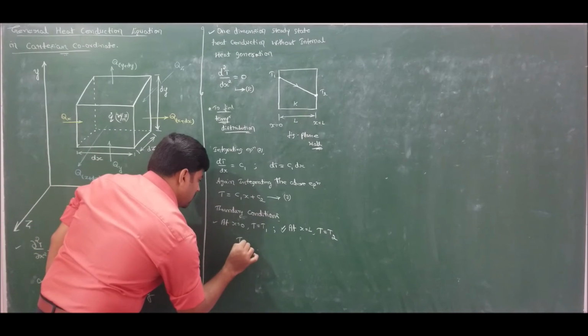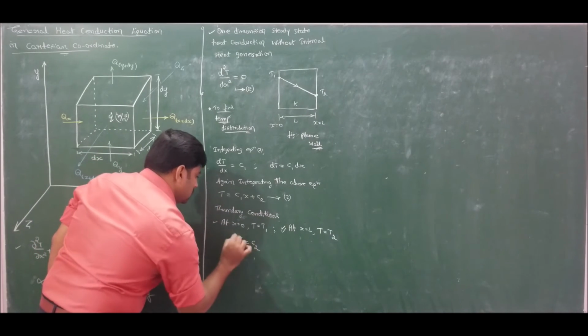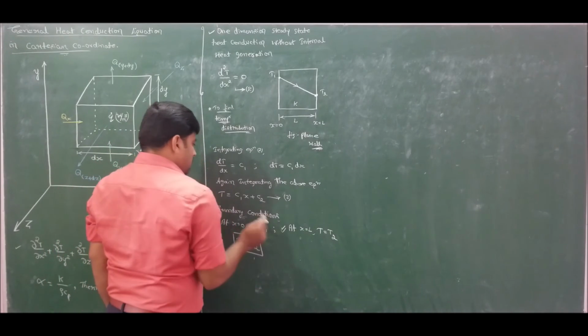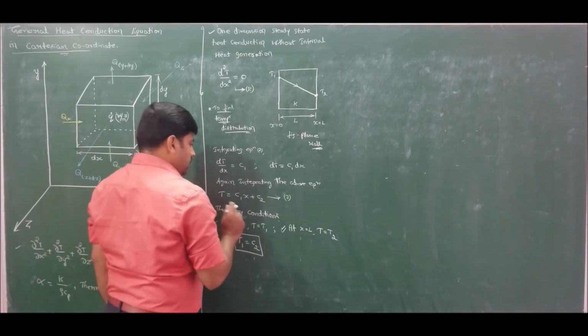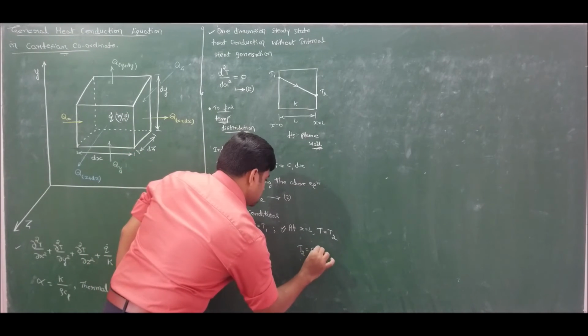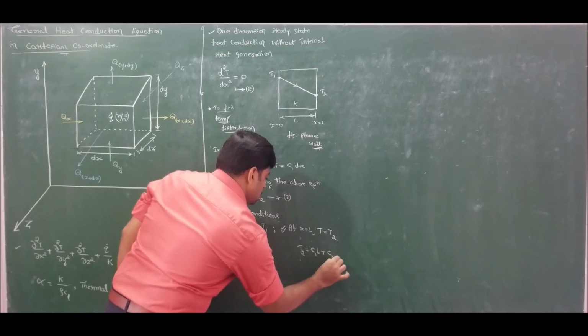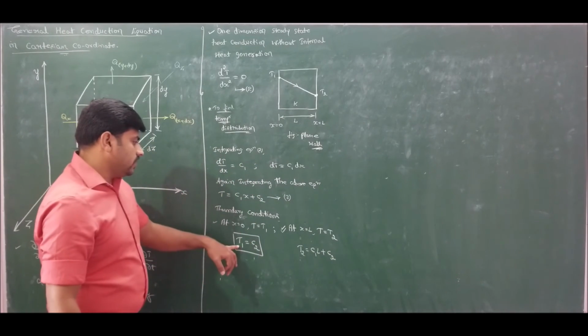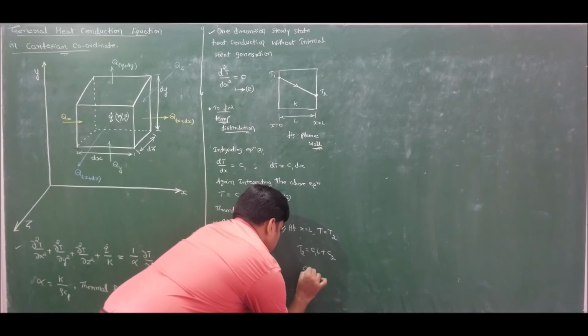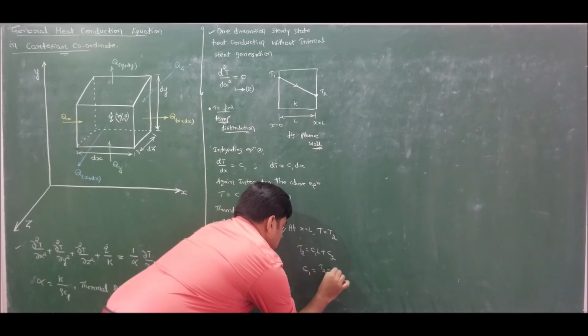Now from the second boundary condition, substitute x is equal to L, T is equal to T2, you will get T2 is equal to C1 L plus C2. We know that C2 is equal to T1, so if I simplify, I will get C1 as T2 minus T1 divided by the length of the element.